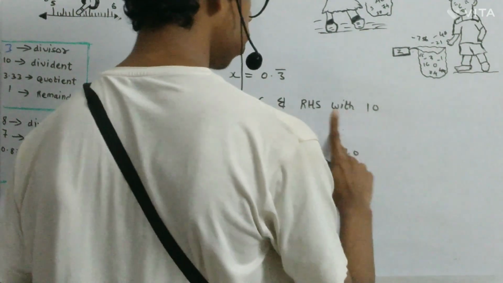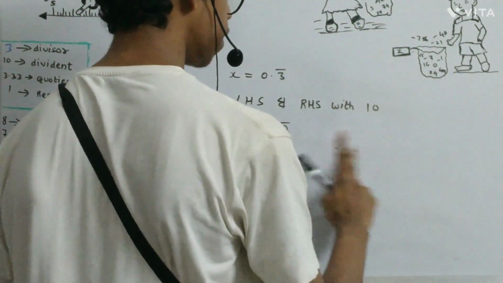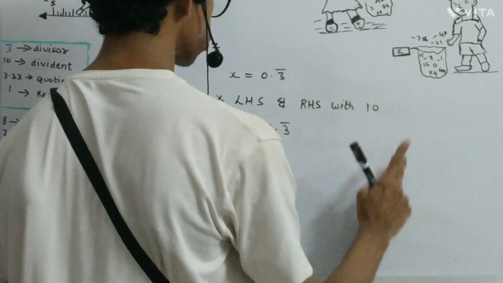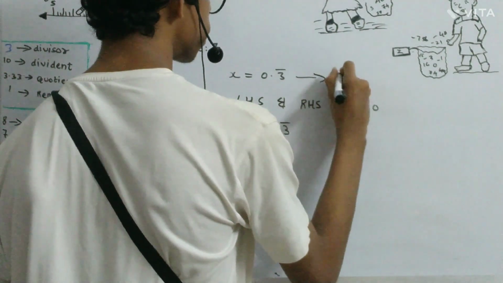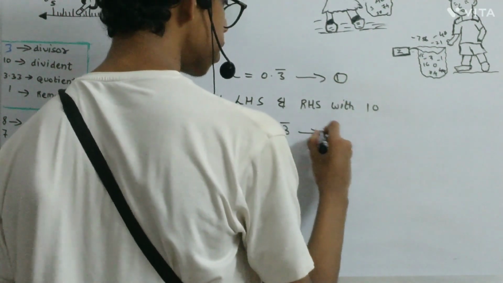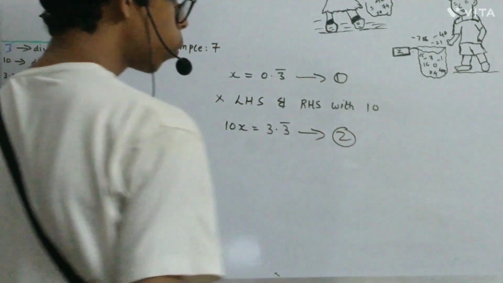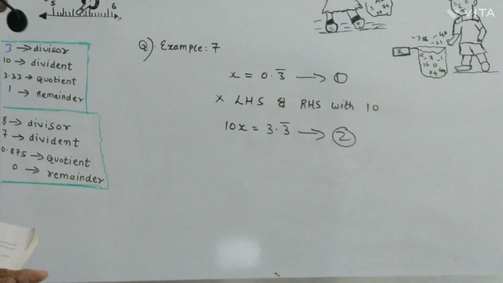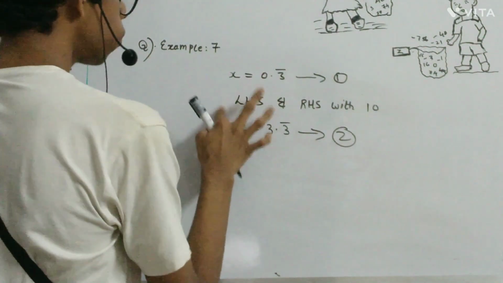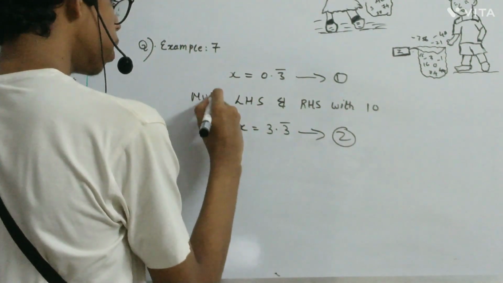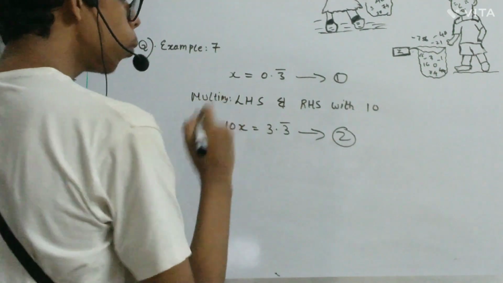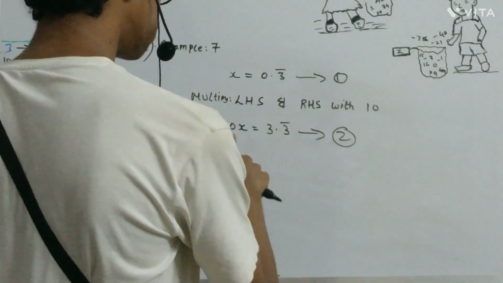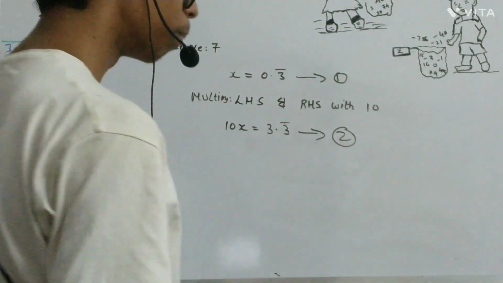So now we have got two equations over here. This I will write as equation number 1. This I can consider as equation number 2. Now the next step that you should be doing here is that you have to subtract the bigger number from the smaller number.